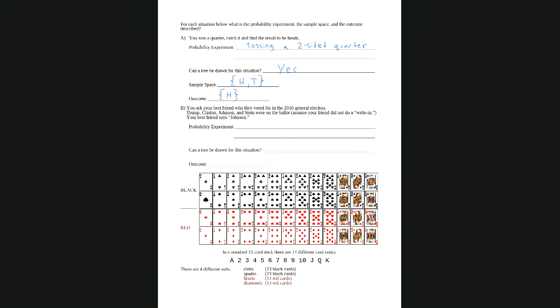Let's compare that to this next situation, which says you ask your best friend who they voted for in the 2016 general election. There were 4 candidates on the ballot: Trump, Clinton, Johnson, and Stein. Let's assume your friend picked from those and did not do a write-in. Your friend says Johnson. That was the response.